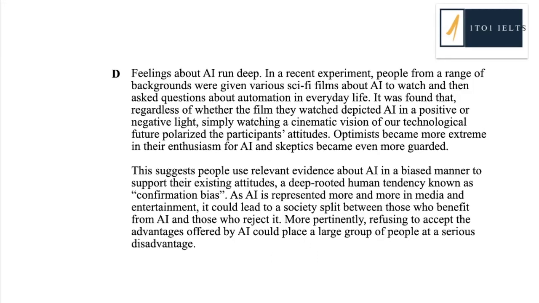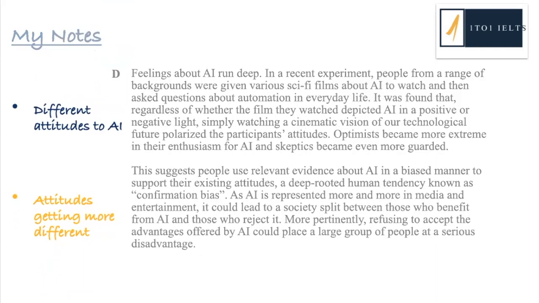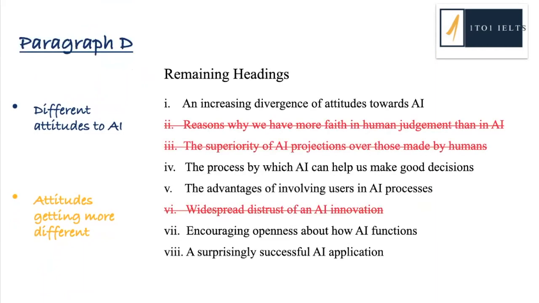Welcome back. These are my notes that I made on these 2 paragraphs. These are the remaining headings that you have to choose from. Pause the video, use that process of elimination that I've shown you in the previous 3 questions, and see if you can choose the correct heading for paragraph D.